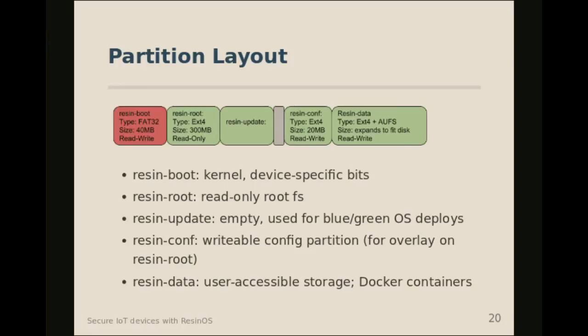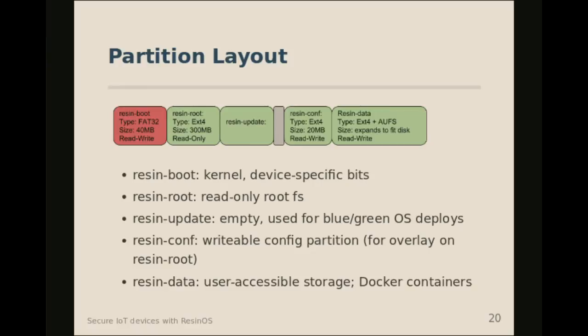This is used for blue-green host OS updates, where, for those of you who aren't familiar, you just download an entire partition image for your root. You write it to the empty partition, you update your bootloader, you reboot. You basically switch the order that you want to boot in, so on a successful update you'll boot into the new system, and on a failure you'll just fall back to the old one and you can recover depending on how you want to handle that.